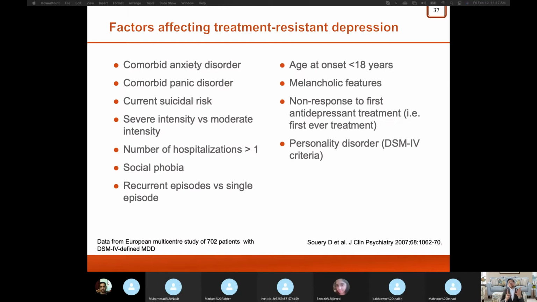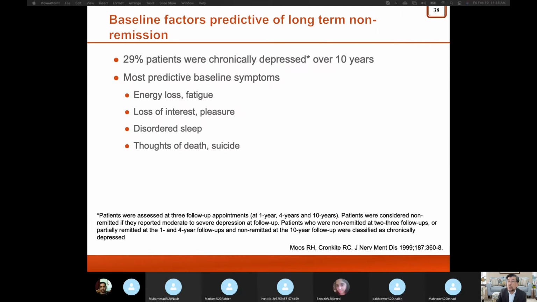It could be because of comorbid anxiety disorder, comorbid panic disorder, suicidal risk, severe intensity versus moderate intensity, number of hospitalizations, social phobia, recurrent episodes versus single episode, age of onset more than 18 years, melancholic features, non-response to the first antidepressant treatment, and personality disorder. All of these contributing factors can lead to chronic or TRD symptoms.